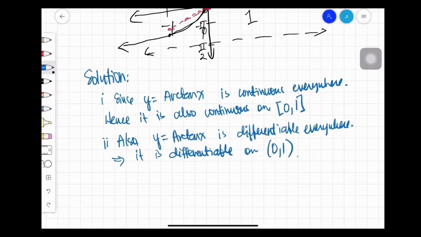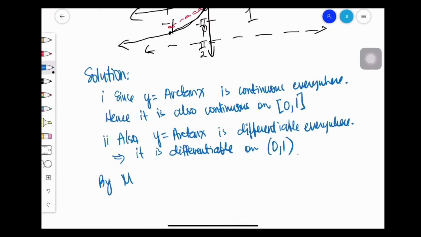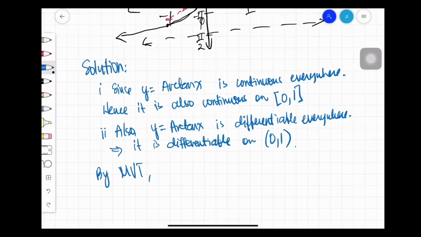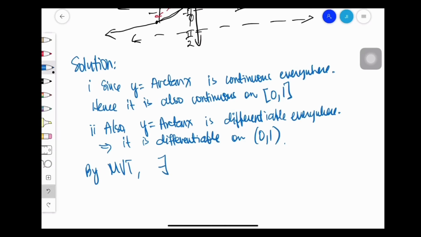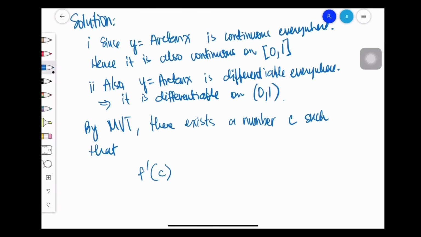Then, by MVT, by the mean value theorem, as we have recalled a while ago, there exists a number c such that, merong number c na kung saan satisfy to, the derivative of the function evaluated at c, or in other words, the slope of the tangent line at x equals c is the same as the slope of the secant line connecting the endpoints of the interval.